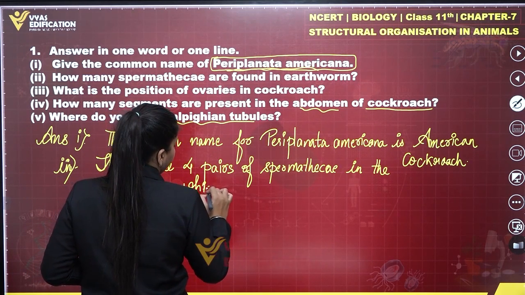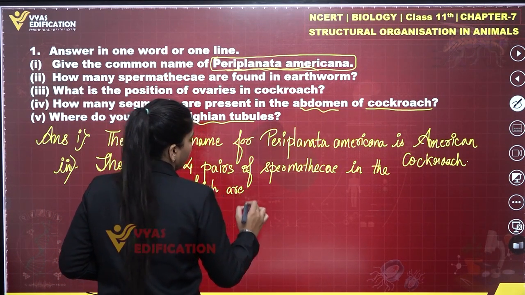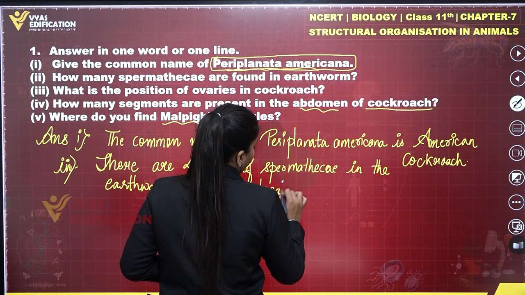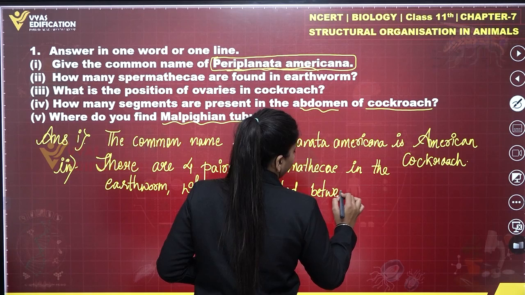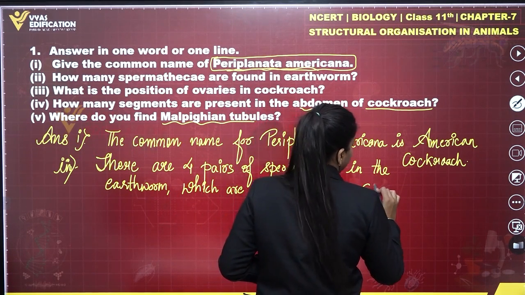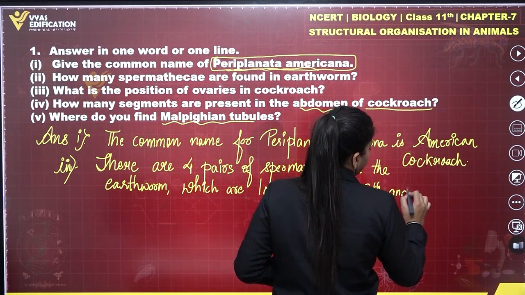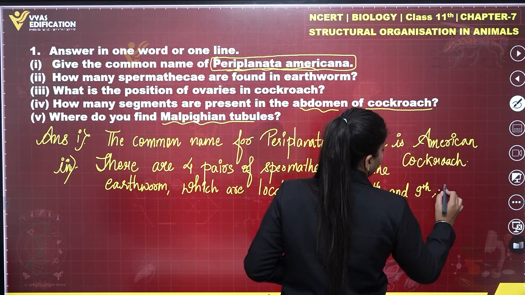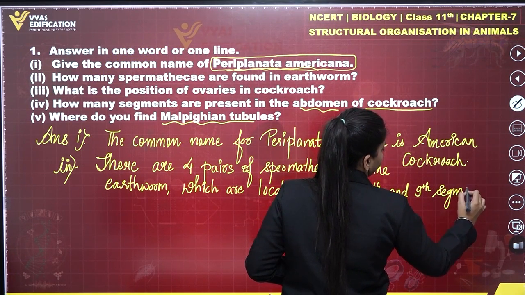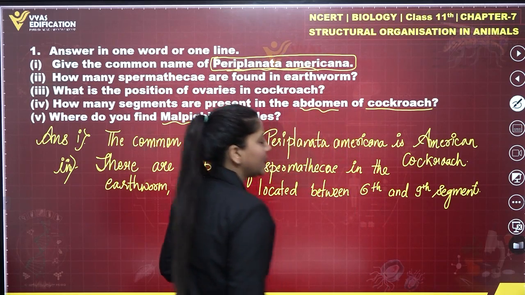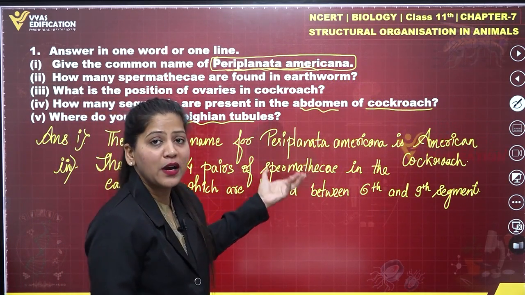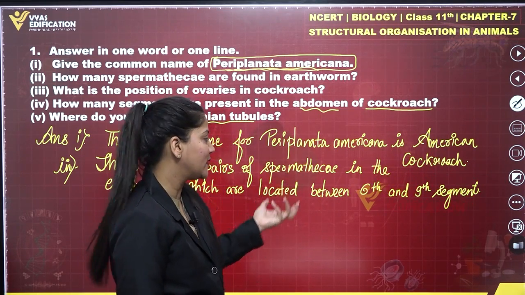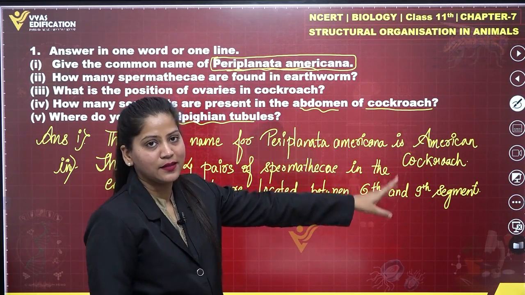Which are located between the 6th and 9th segments. The spermathecae are actually 4 pairs, and these 4 pairs in earthworm are present between the 6th and 9th segments.